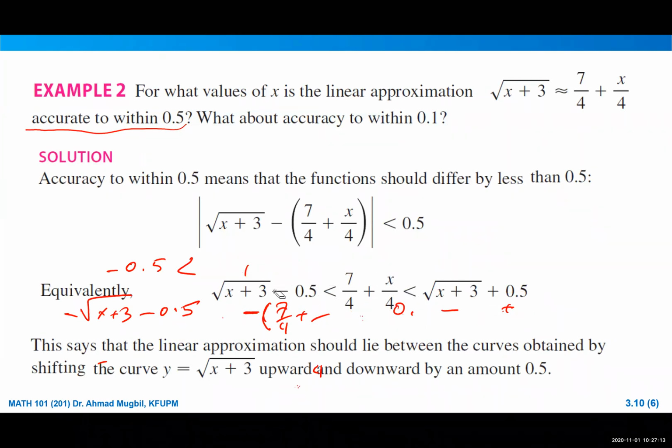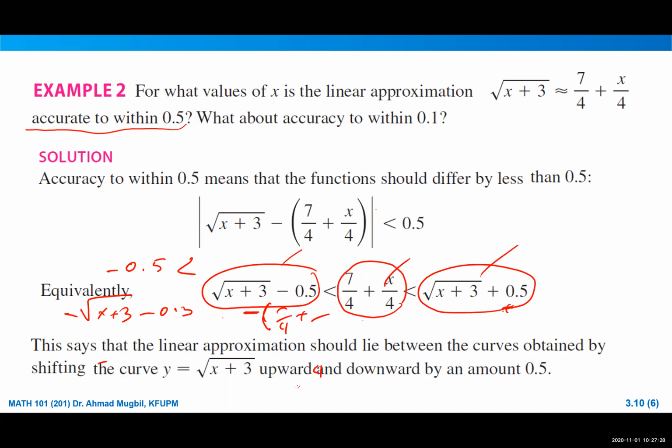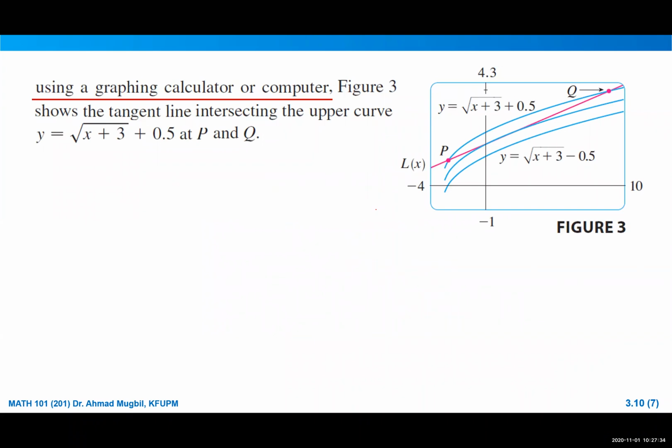Here they are. You will sketch this graph, which is easy, of course. And you can also sketch this graph by yourself, by the way. It is not difficult. This is just square root of x plus 3 shifted up 0.5, and here shifted down. And this is the linear one. You can sketch these 3 graphs by yourself, but you cannot find the intersection points between them without a computer or a graphing calculator.